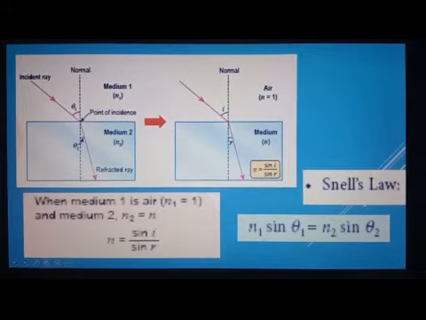Thus we get n2 equals sine theta 1 divided by sine theta 2. Sine theta 1 is the angle in air, divided by sine theta 2, which is the angle in the medium. So that's why we get the same formula, n equals sine i divided by sine r. So you can use both formulas, depending on the question given.